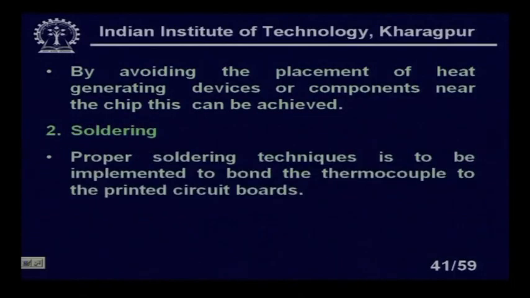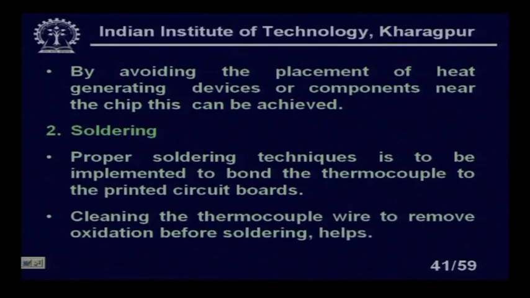Soldering. The proper soldering technique is to be implemented to bond the thermocouple to the printed circuit board. Okay, with proper flux, that means there should not be any dry soldering. Cleaning the thermocouple wire to remove the oxidation before soldering helps, because some of the thermocouples like iron constantan are very prone to oxidation.